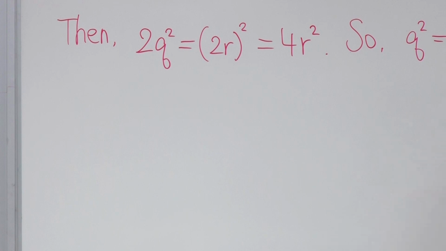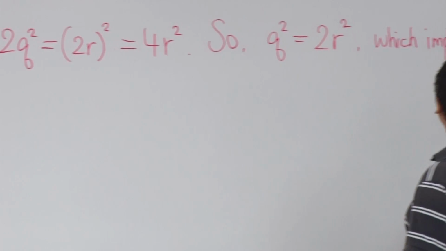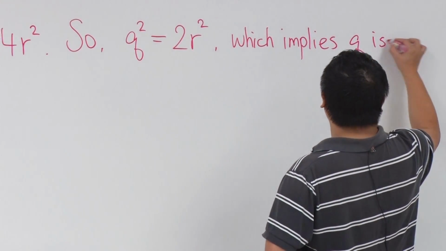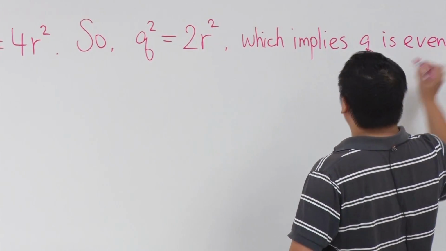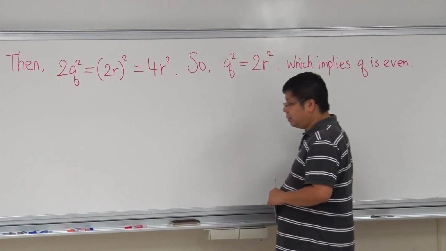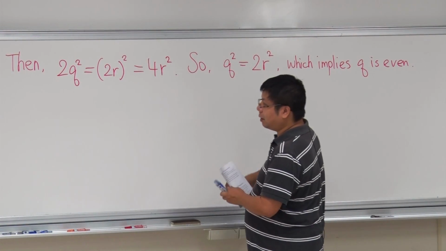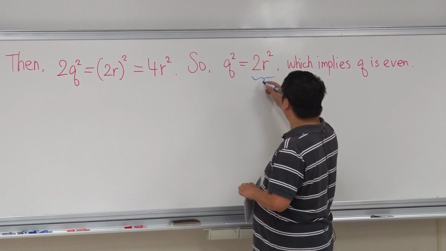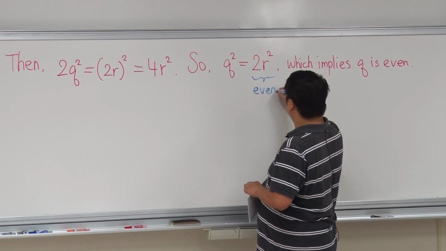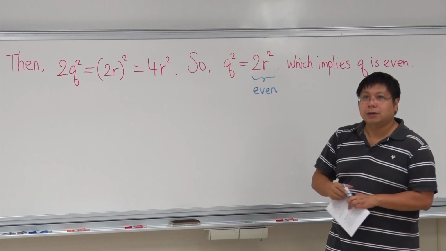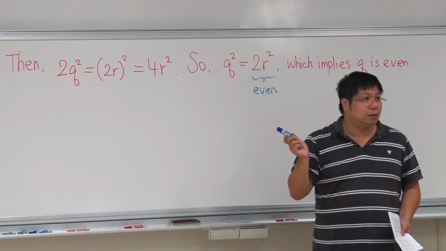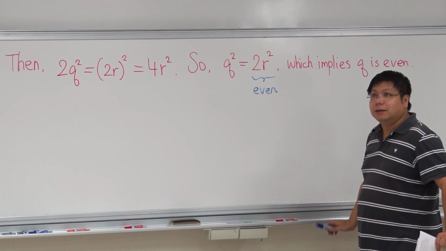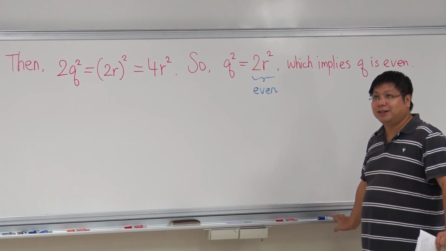And this again implies q is even. The reason is the same, because 2r squared is even. q cannot be odd. Odd times odd is odd. So it must be even. Now we get a contradiction.